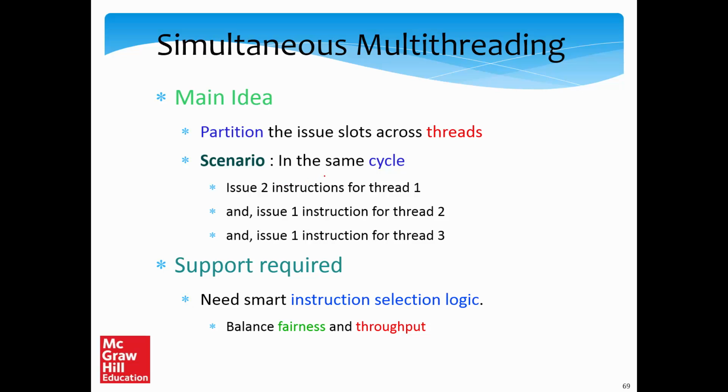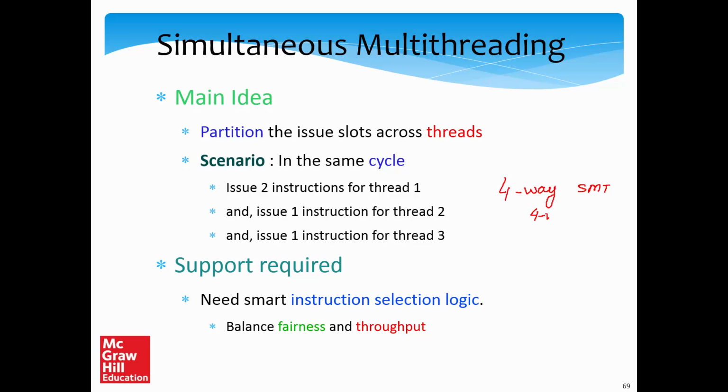So for example, in the same cycle, we can either issue 2 instructions for thread 1, and issue one instruction for thread 2 and issue one instruction for thread 3. So this can be done. So if it's a four-way SMT machine, which means that it can manage four threads simultaneously, and also it's a four-issue SMT, right?